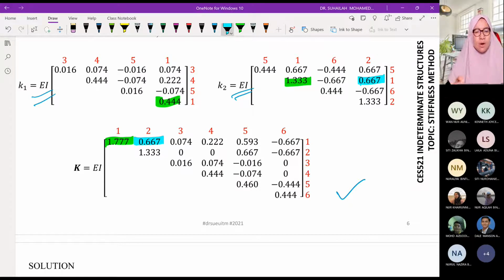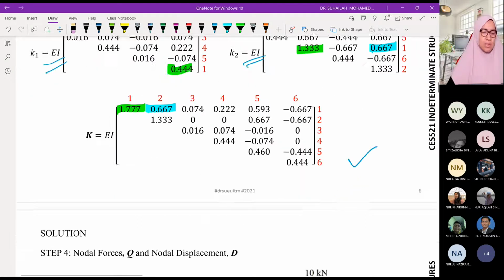You can also write your answer like this, diagonal, because the matrix must be symmetric. So continue the process until we get all K.